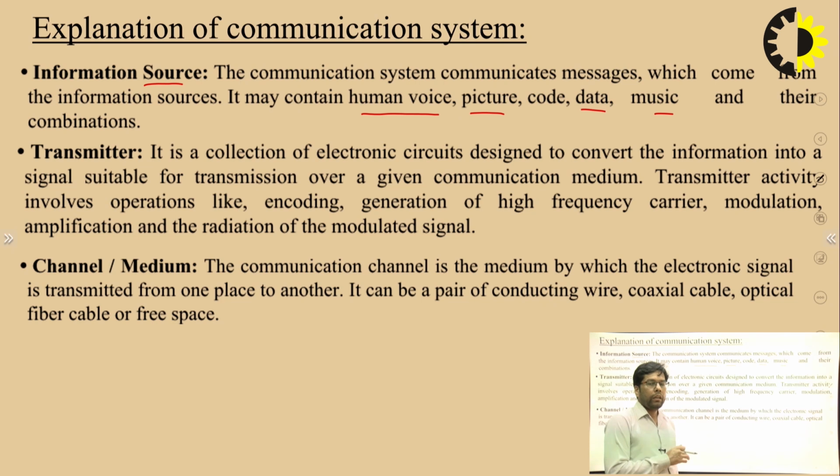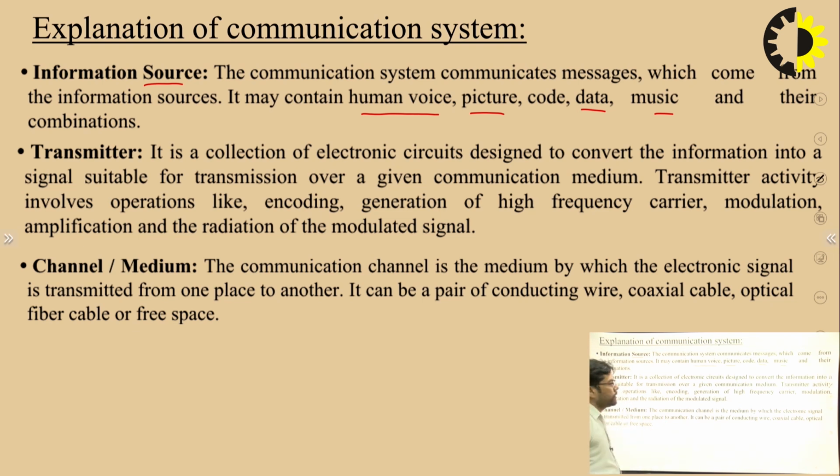So here we are using a transducer to convert the voice signal into the electrical signal. After converting to the electrical signal, we need to do the modulation at the transmitter side. So we can say transmitter is a combination of transducer plus modulator.